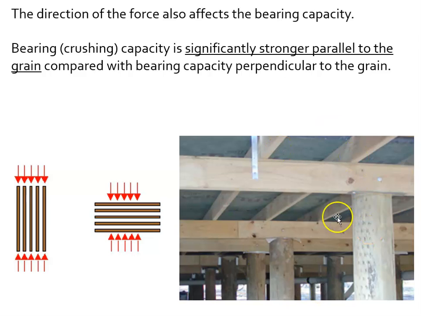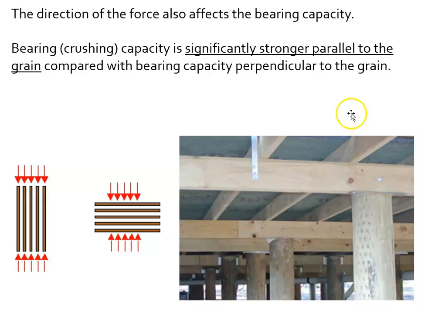So in this photograph, if asked which structural member and at which location would we expect crushing to occur, it would be in this girder, potentially right here where it's sitting on the column. It could be in the joist or the girder right at this location either, because these forces are coming in perpendicular to the grain, right?